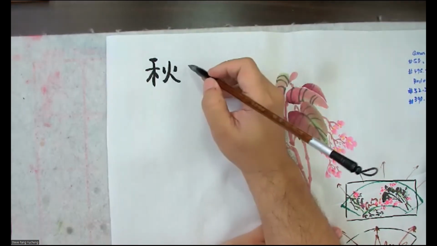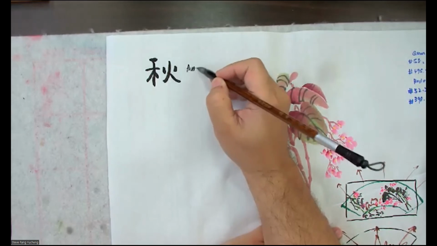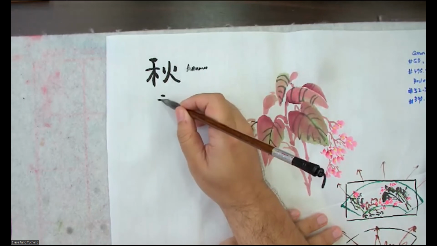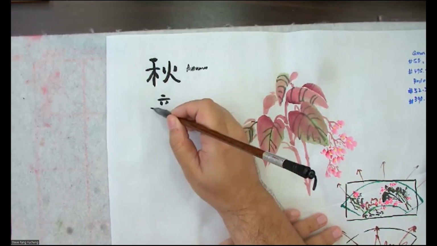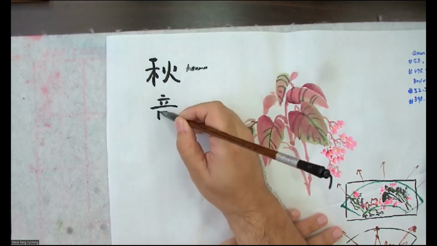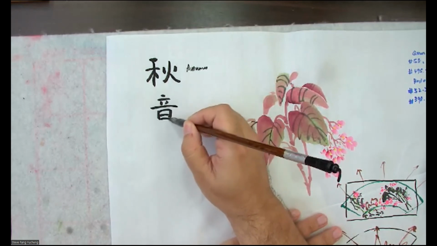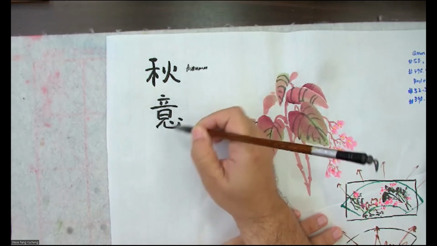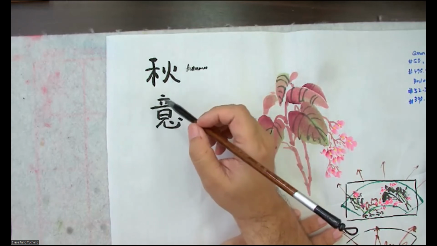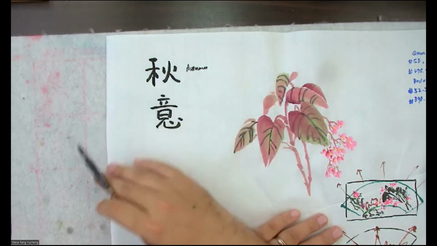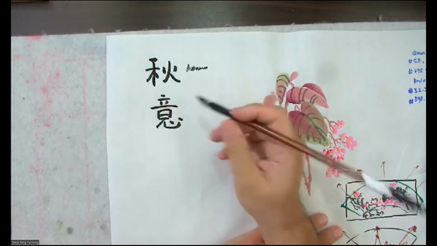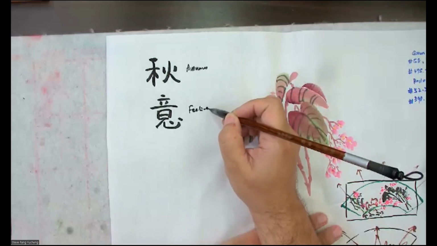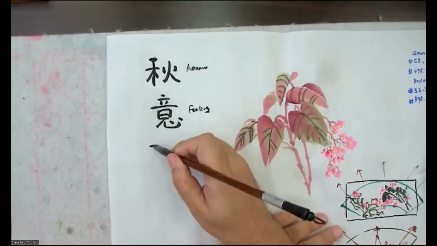This means autumn. Chu Yi. Yi means the feeling, right?